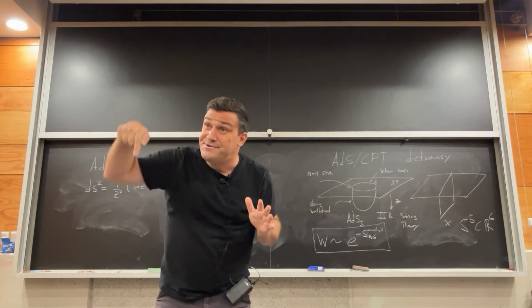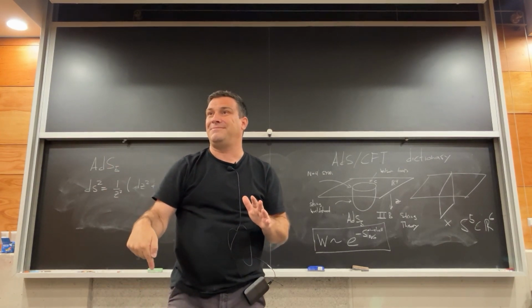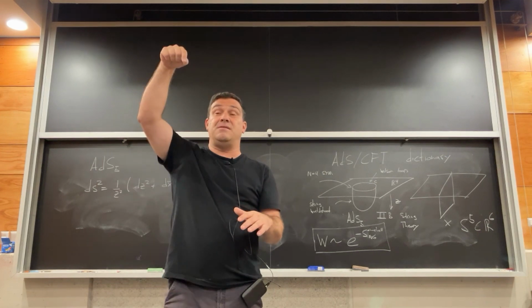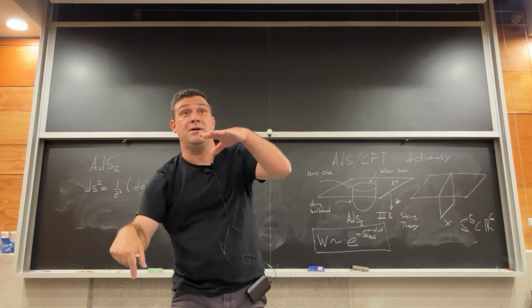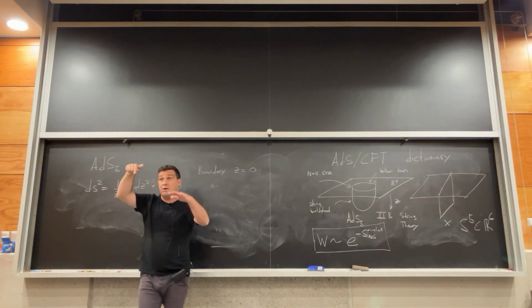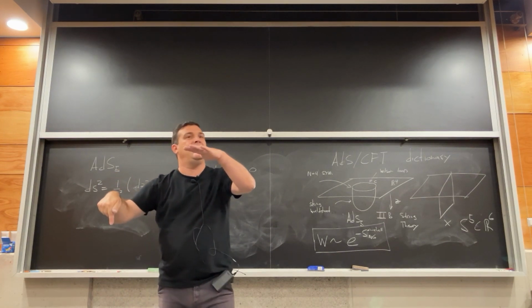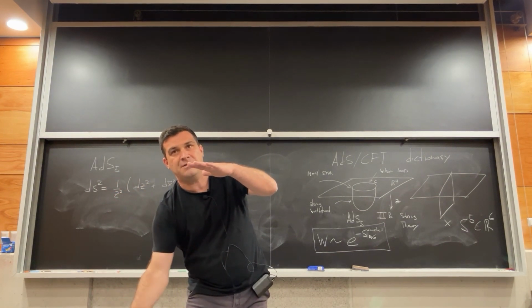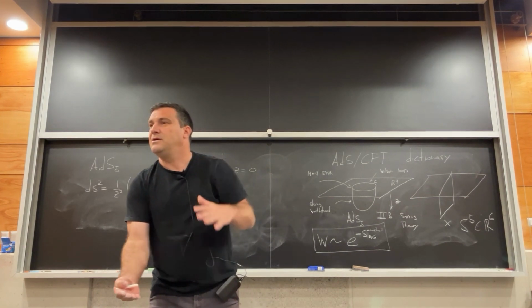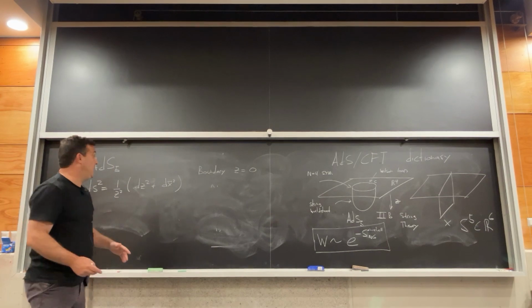It wants to go down. It doesn't make sense in R3, but it makes sense in this geometry. The string wants to get away from the boundary so that this factor is smaller, okay? And then eventually, it doesn't pay off to go further down, and there's a critical point where the string ends, right? So that's the interesting part about AdS.